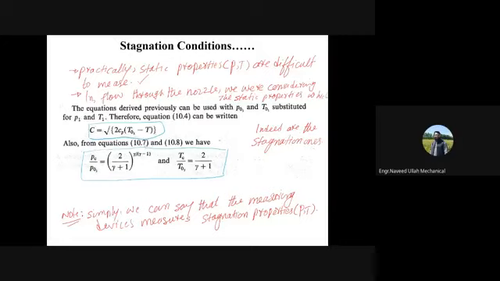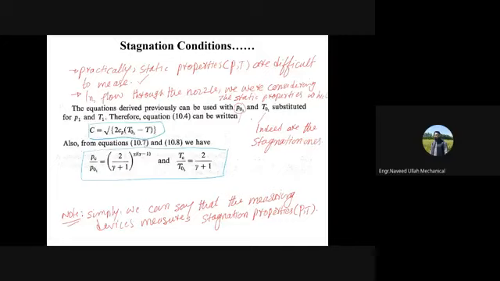By defining the stagnation temperature and the stagnation pressure, you need to correct those formulas a little bit. The equation derived previously can be used, but previously we had p1, so you need to have this p naught 1 because this is stagnation, and similarly you need to have this T naught 1.